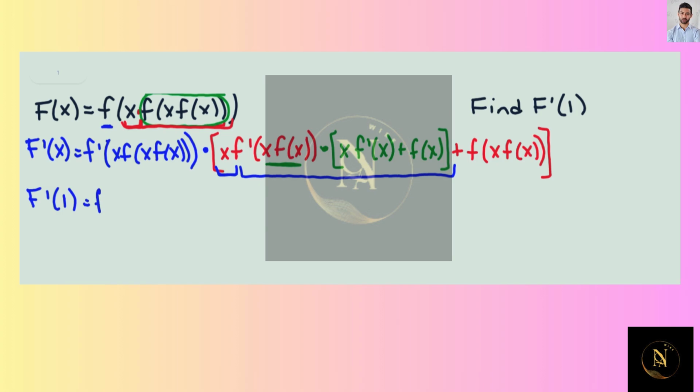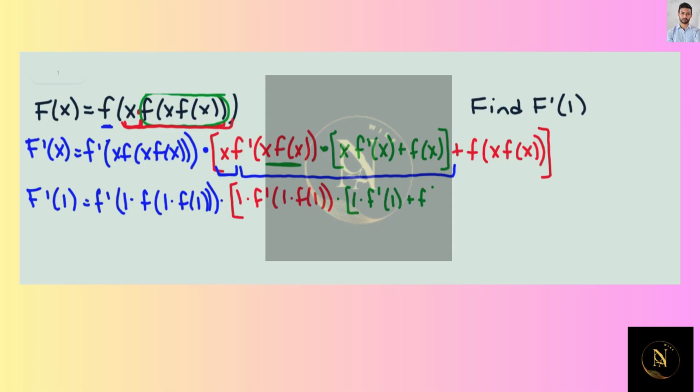We have f prime of 1 times f of 1 times f of 1 times, I don't know if the color coding will help, but I'll try it, 1 times f prime of 1 times f of 1 times 1 times f prime of 1 plus f of 1 plus f of 1 times f of 1.